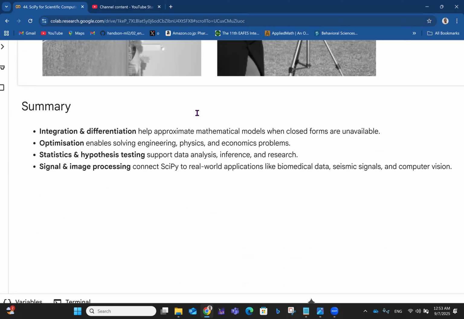We have signal and image processing, which connects SciPy to real-world applications like biomedical and seismic signals, and computer vision. With this, I come to the end of this interesting video on SciPy for scientific computing. SciPy is a Python package for scientific computing that can handle integration and differentiation, optimization, statistics and hypothesis testing, and signal and image processing.